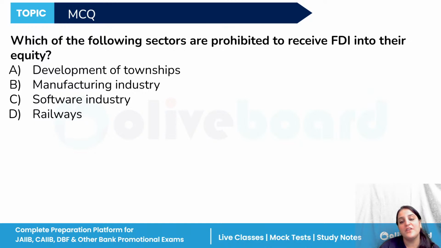Certain segments of the railway may allow for FDI, but FDI in railway infrastructure like construction of railway tracks and stations is restricted. So we can say directly the answer is railway. This sector is prohibited from receiving FDI into its equity. Understood?